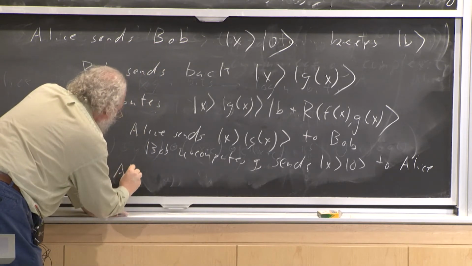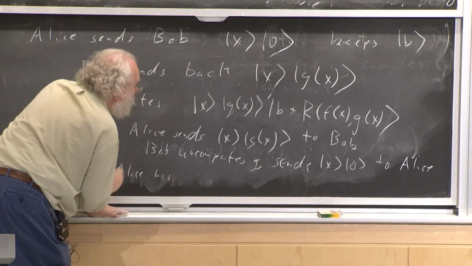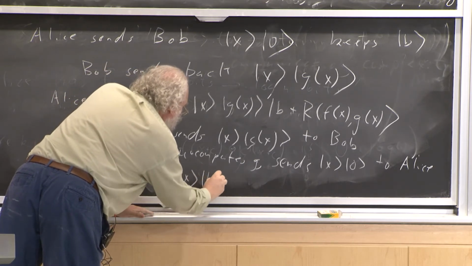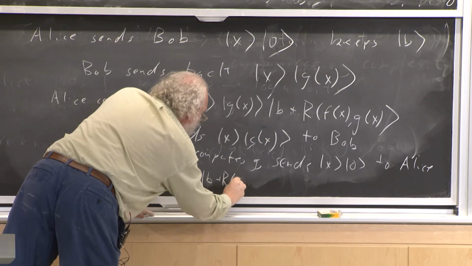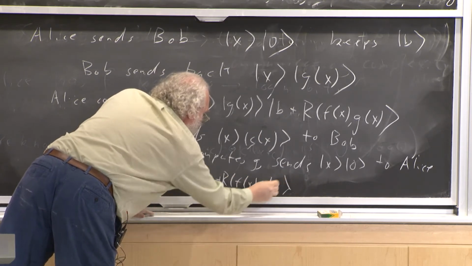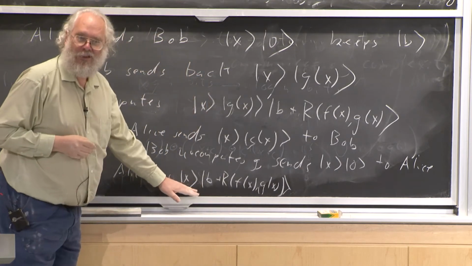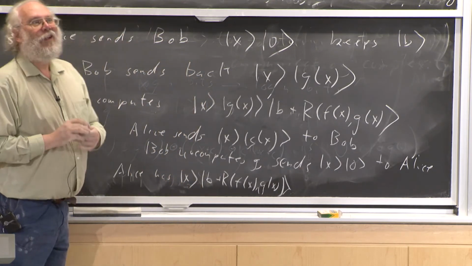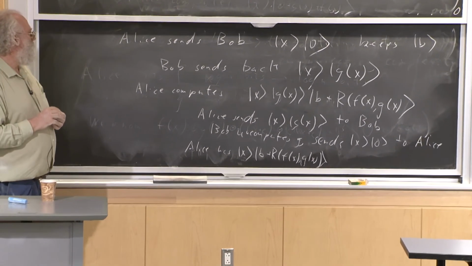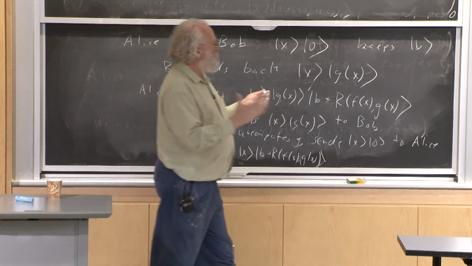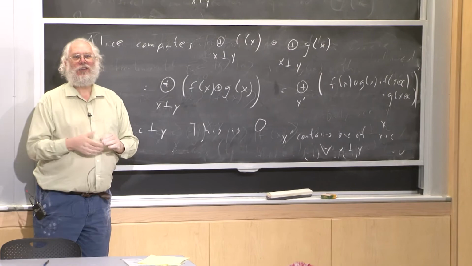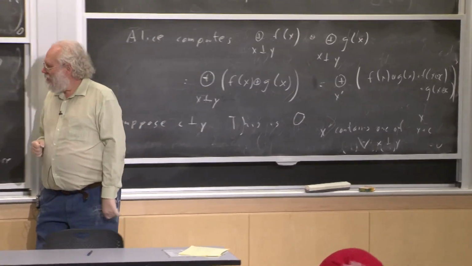And Alice has x, b plus r of f of x, g of x. And this is the Simon oracle that Alice needs to run Simon's algorithm. And we have kept this clever trick from working because it depended on linearity.